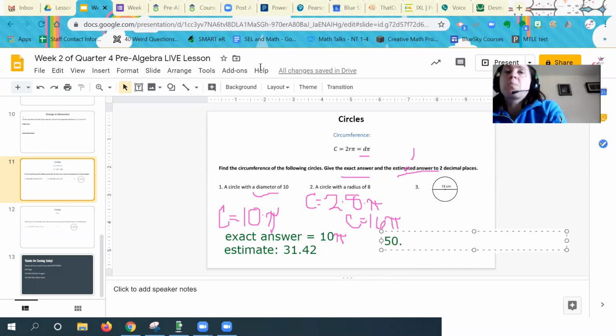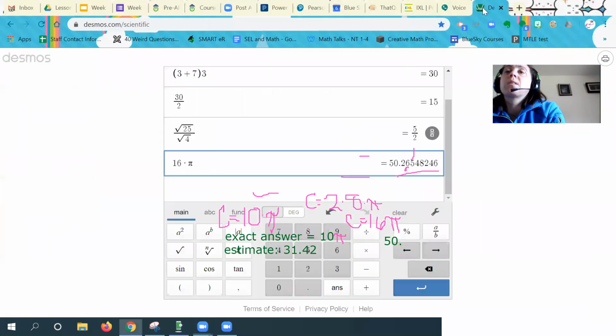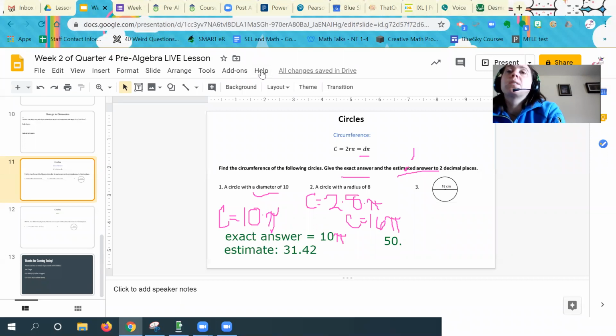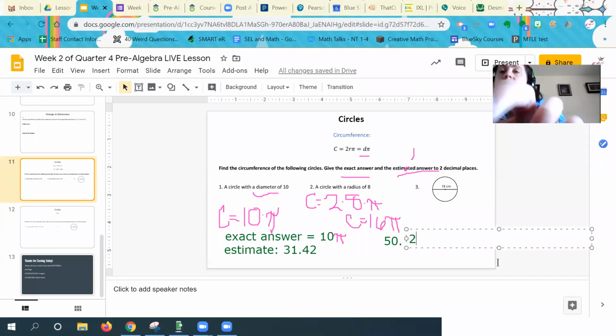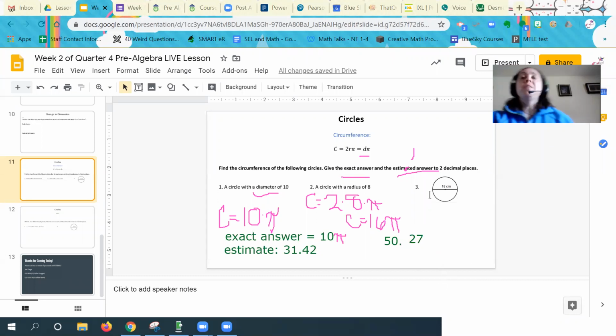I forgot what it said already. 27, okay. Cool. So 50.27.